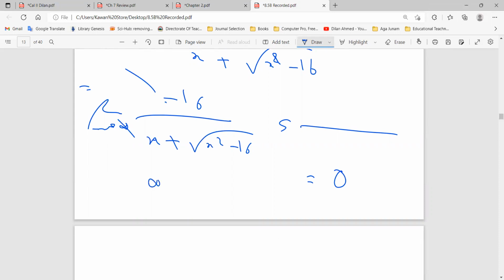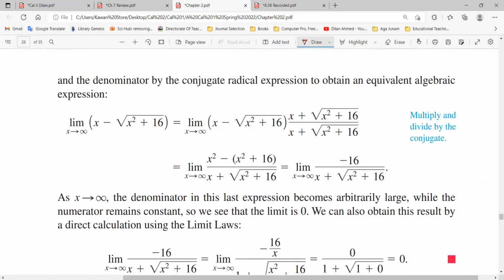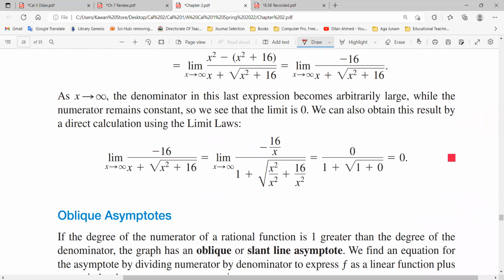I'll get infinity plus infinity minus 16, so it is equal to infinity. Square root of infinity, so infinity plus infinity, again infinity, right? And up we have minus 16. Then I'll get a number over infinity, which is equal to 0. So after multiplying by the conjugate, we will get 0. Yes?